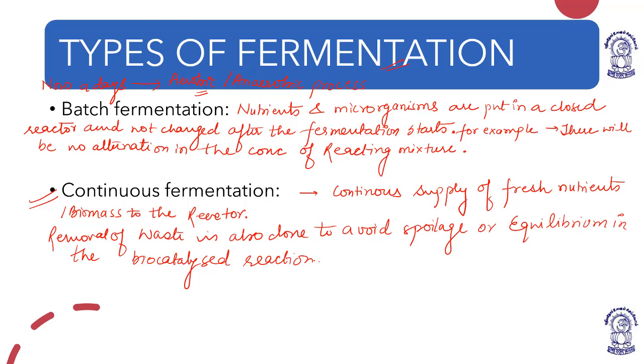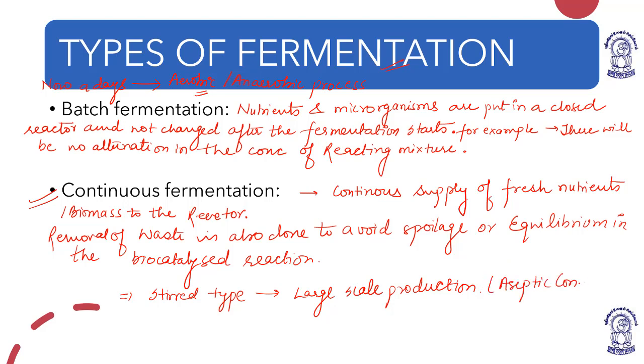Now, the stirred type, the first type of bioreactor, is well suited for large scale production. Which type of stirred type? The simple stirred type or the sparged stirred type. The stirred type is helpful for large scale production under aseptic conditions. Is that clear?